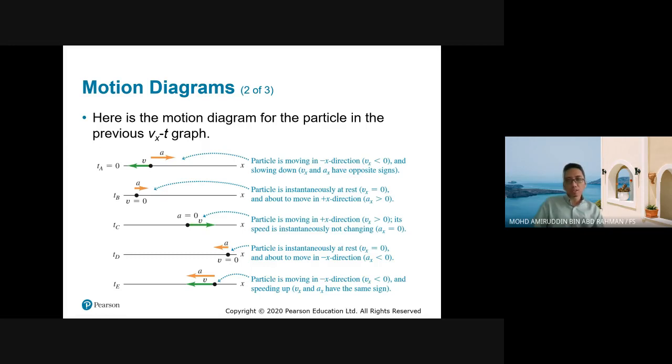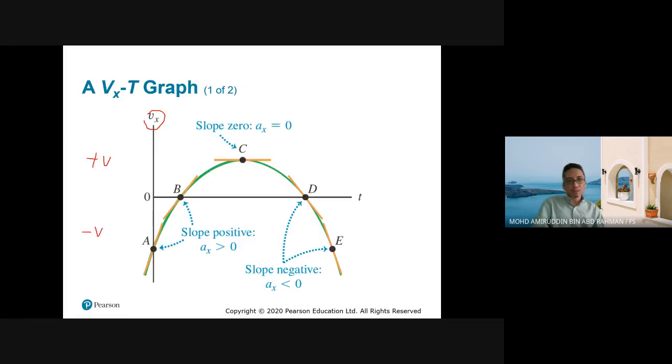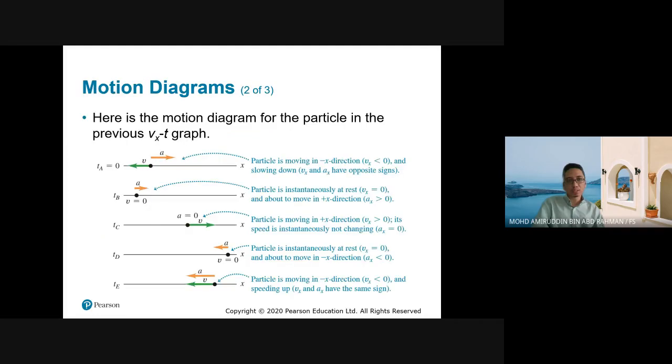Okay, so that's the motion diagram for the instantaneous velocity. You can see here that the motion diagram for the acceleration is much more complex compared to the motion diagram for the velocity.